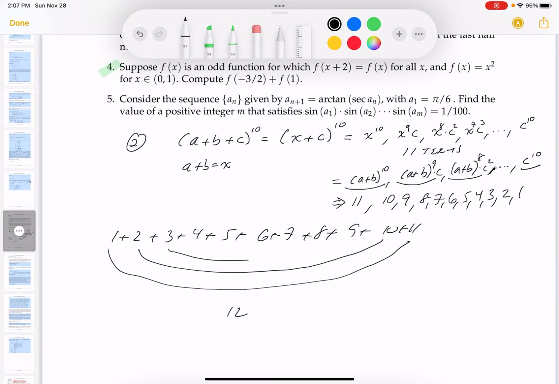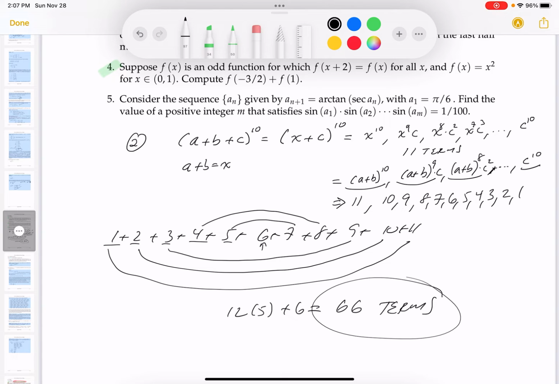That's 12. That's 12. That's 12. And that's 12. And then you get a 6 in the end. How many pairs would you get? 1, 2, 3, 4, 5. So that's 5 times 12 plus 6, which is going to give you, let's see, 5 times 12 is 60, 66. There'll be 66 terms.